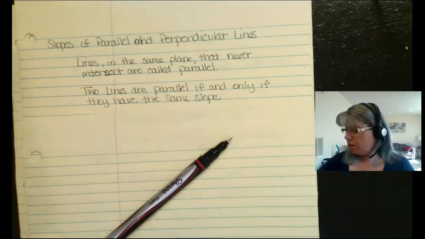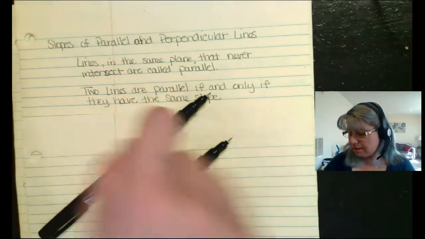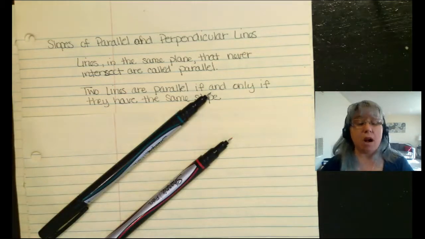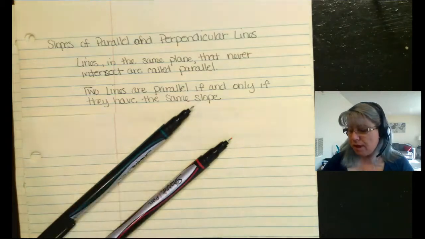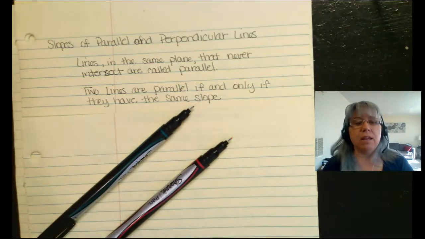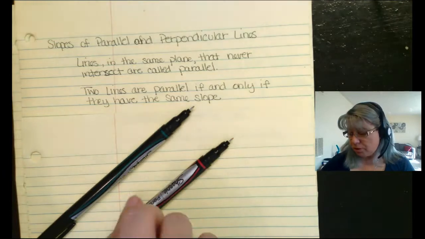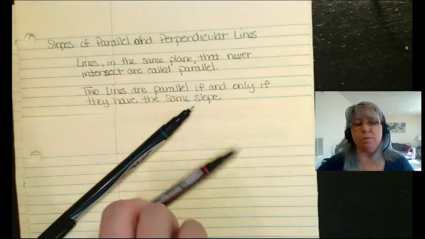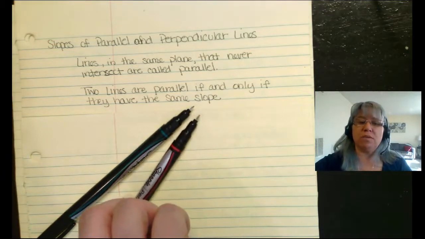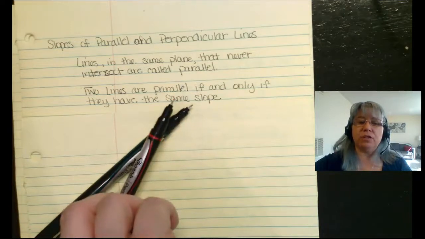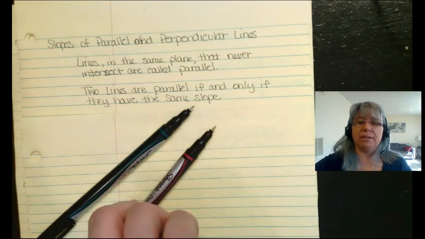And then think about this. If these two lines never cross, that they are parallel, then the two lines are parallel if and only if they have the same slope. Remember, slope determines steepness, and the moment that a slope changes for one line, they will eventually intersect.